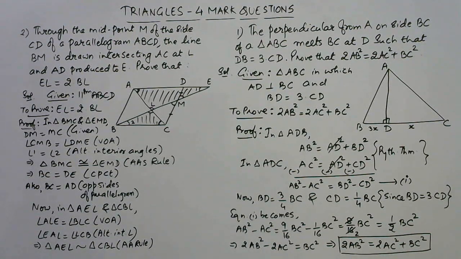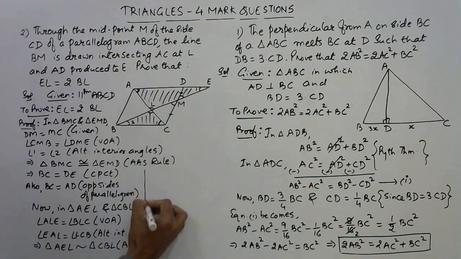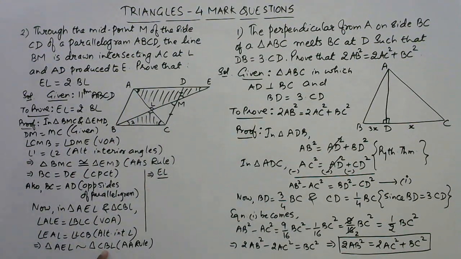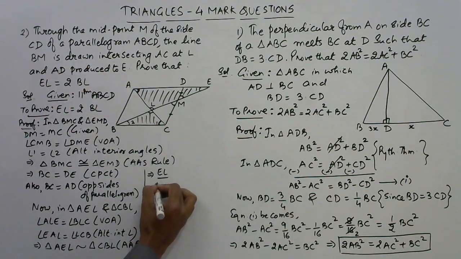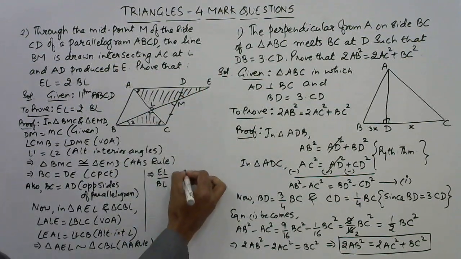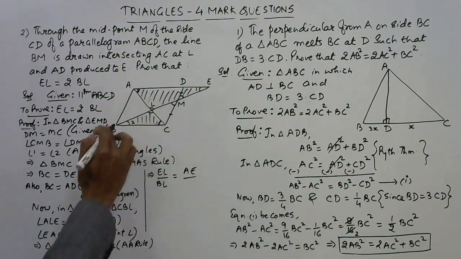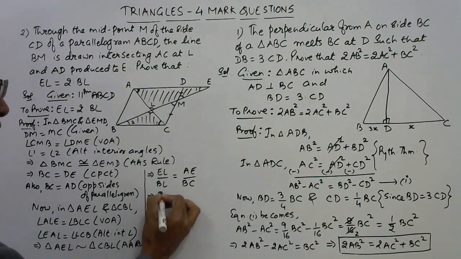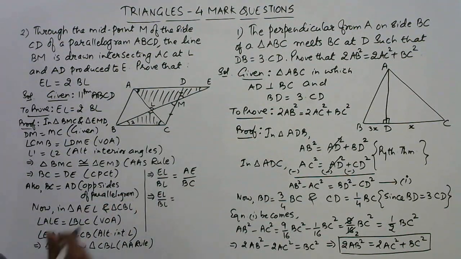Now why do we prove triangles similar? Because we equate the ratios of the corresponding sides. So let's equate the corresponding sides here. In AEL, if you take EL, then in CBL you have to take BL. So EL upon BL. In AEL, if you take AE, then in CBL you have to take BC. So ratio of corresponding sides I have equated, and now EL upon BL becomes equal to, now see AE.